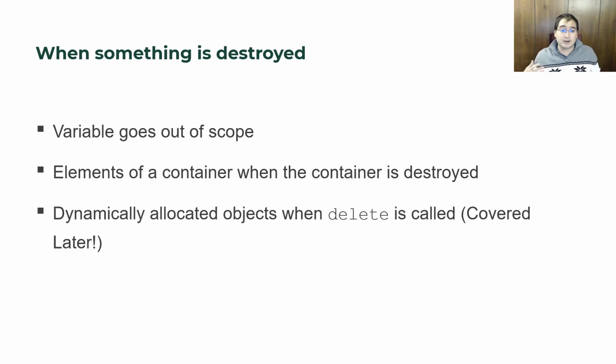Or if your custom class is an instance in a container, like in a vector, when that vector is destroyed, it calls the destructor on all of its elements. The other time is when you have dynamically allocated objects. This is something we haven't covered yet. But when you call delete on these special objects, then the destructor is also called.